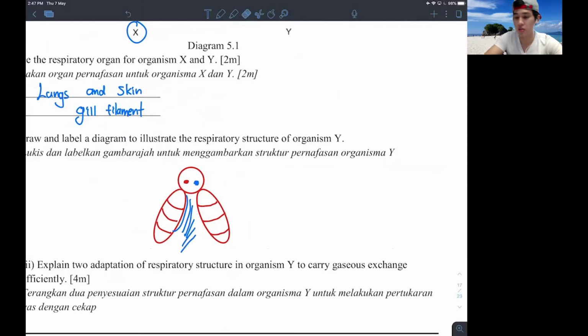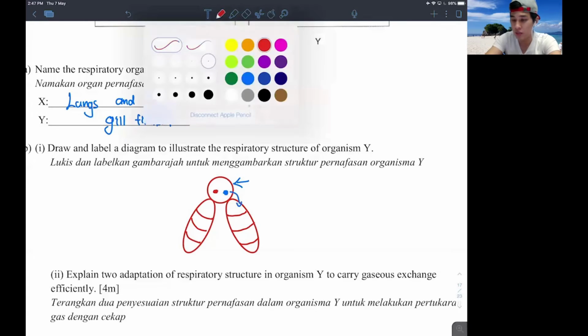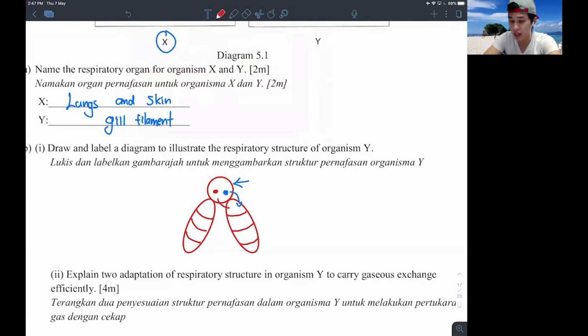You just have to draw one only. Once you have drawn it, you need to label. As I mentioned, there are only 3 things to label. So this round thing whereby blood flows in and out, you have the blue color one whereby deoxygenated blood comes out, and the red color one whereby oxygenated blood will flow back after gases exchange has occurred inside the lamella.